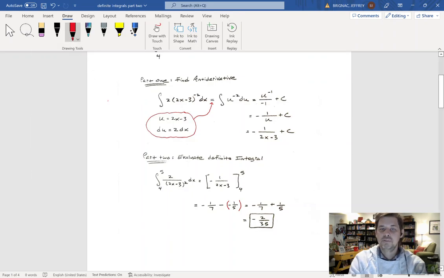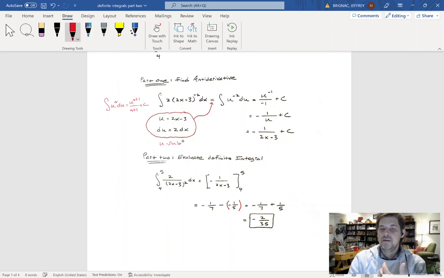Here's our rule. It says the antiderivative of u to some power n du is u to the n plus 1 over n plus 1 plus c. So there's our rule. I need to make this problem fit into this rule by u substitution.